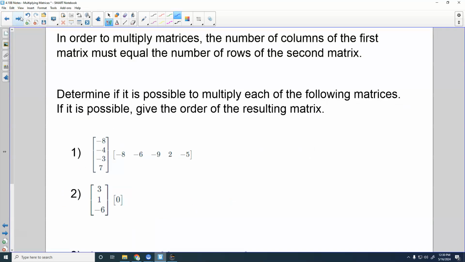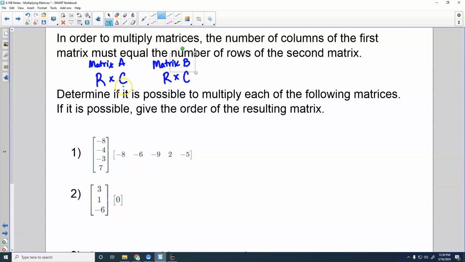In order to be multiplied together, the number of columns of the first matrix must equal the number of rows of the second matrix. So matrix A would be rows by columns, and matrix B would be the number of rows by columns.